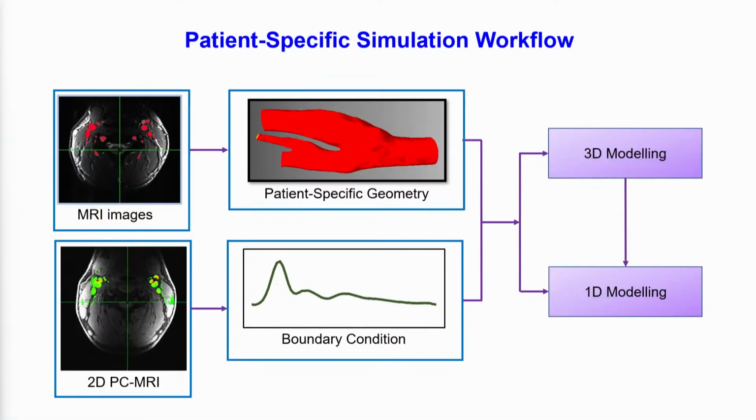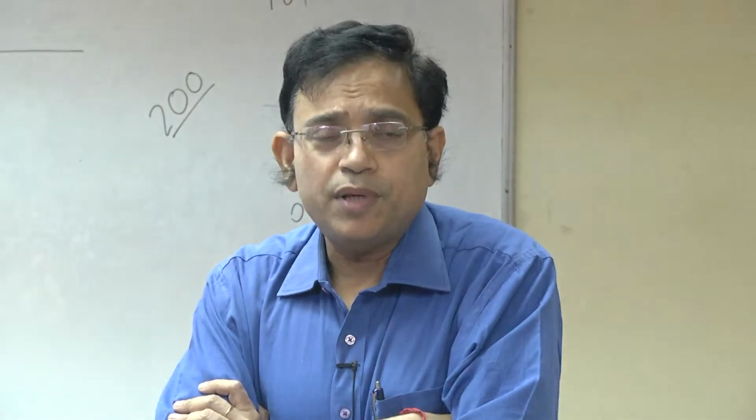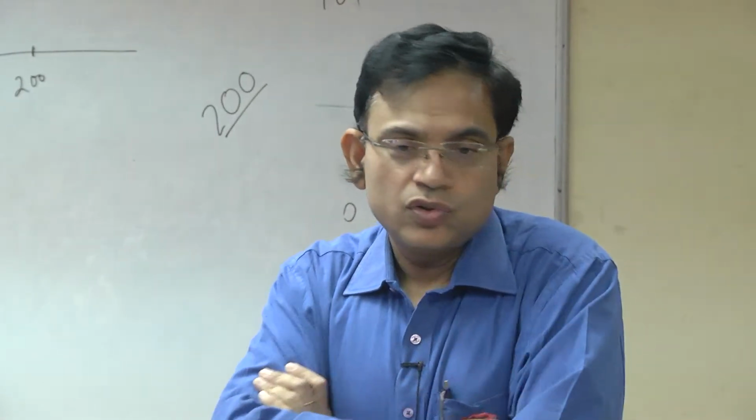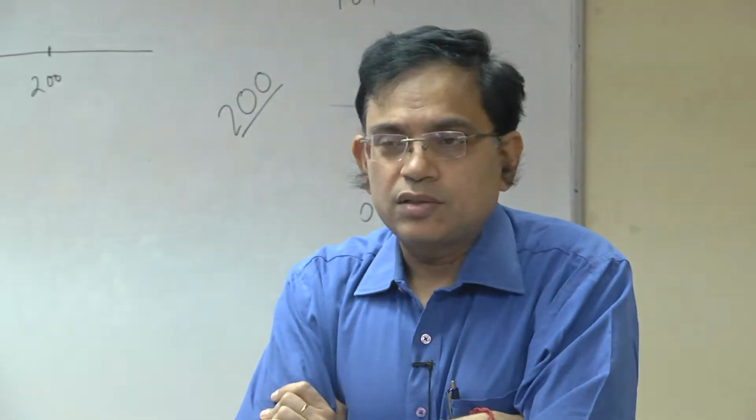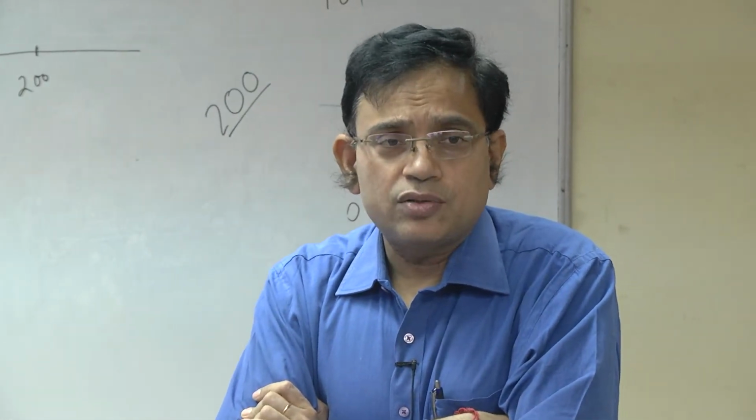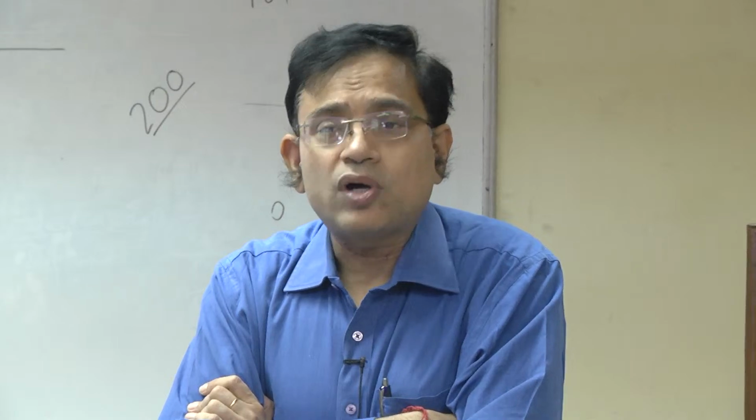So, now when we do this, we have to see whether we can do something which may be a bit inaccurate, but much faster. Can we convert the 3D picture to an equivalent, at least locally, 1D picture?